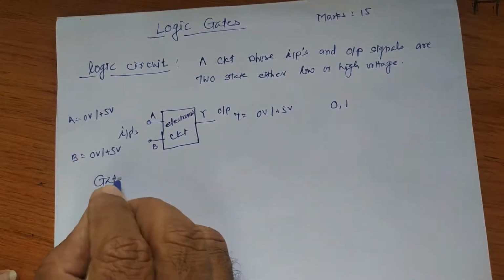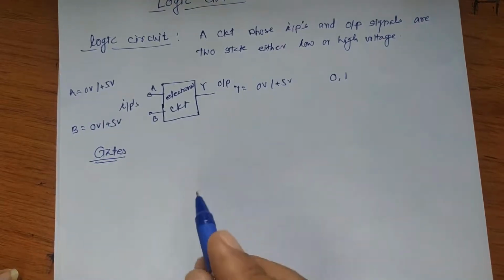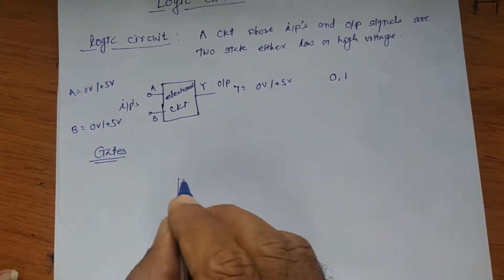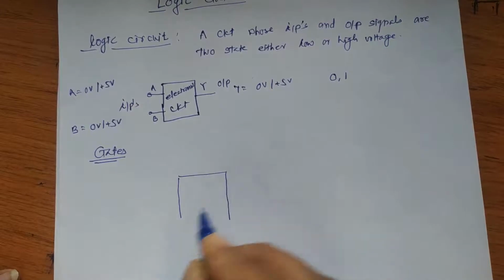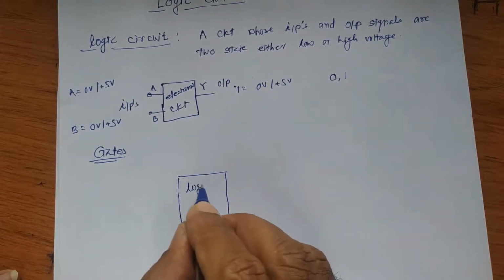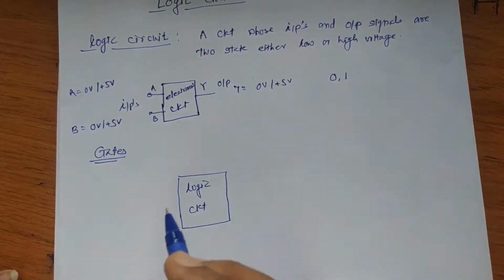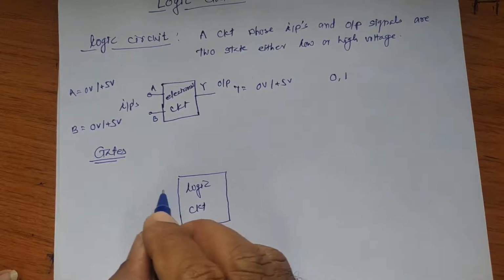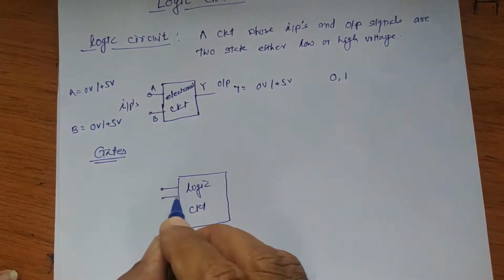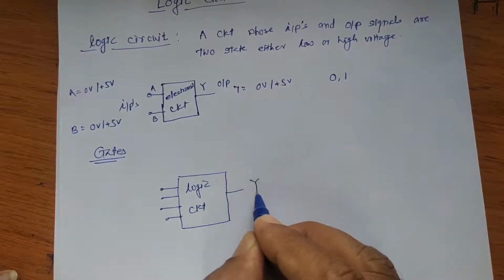What is meant by gates? This is a logic circuit, that is inputs and output.